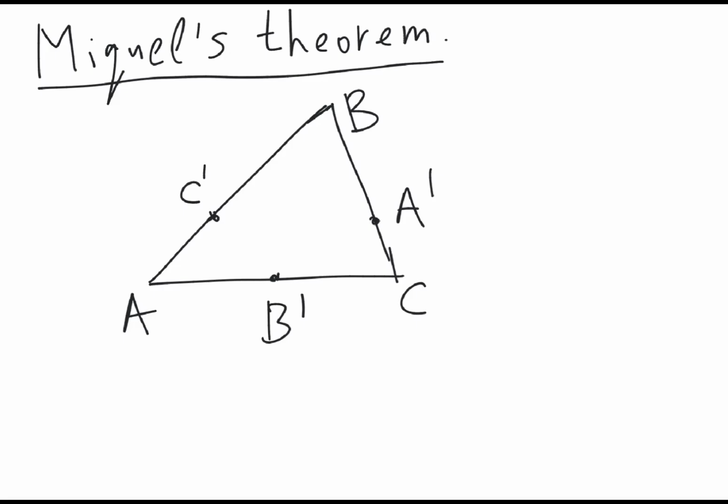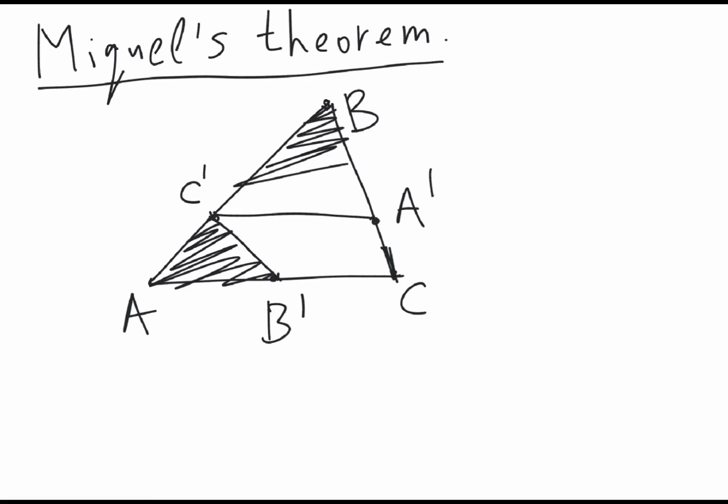So we arbitrarily choose three points, one on each side of the triangle, and then we draw the circumcircles of the three triangles. Basically, we draw the circumcircle of this triangle and of this triangle. So we draw the circumcircles of each of these triangles.